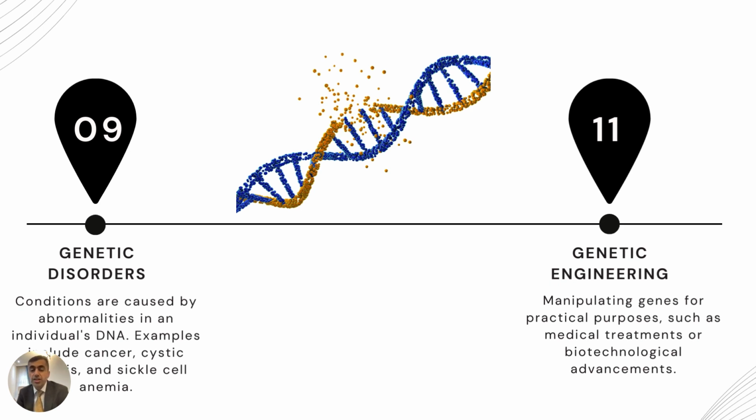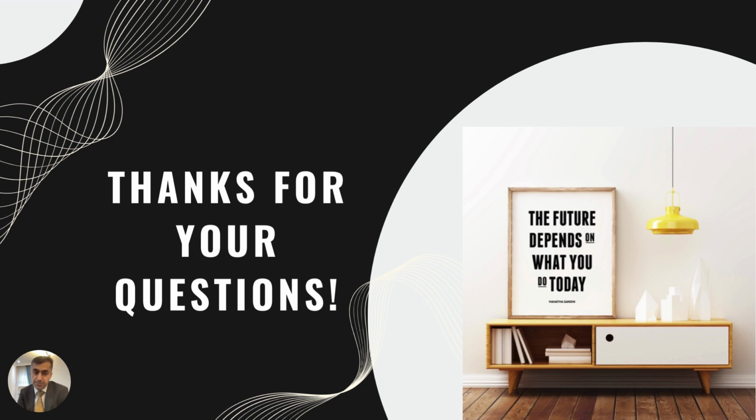So genetic engineering brings treatments or solves issues that are produced from genetic disorders. Genetic disorders are produced as a result of genetic variations. And genetic variations, as we said, means the differences in our DNA sequences.